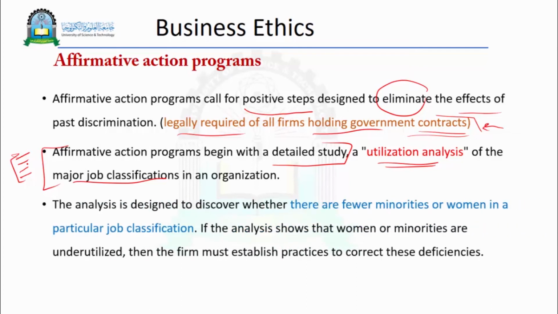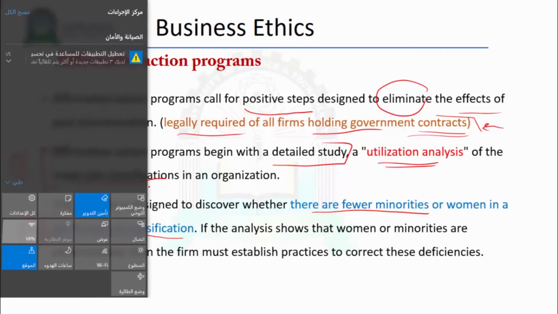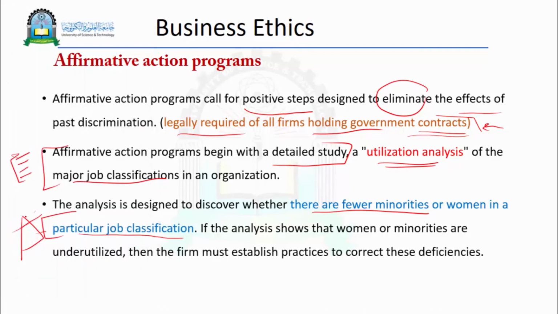The analysis is designed to discover whether there are fewer minorities or women in a particular job classification, and whether it is justified that we have, for example, a bigger portion of white males dominating high places. Some other times, as we said before, this analysis can help companies to justify why they're hiring employees that way.